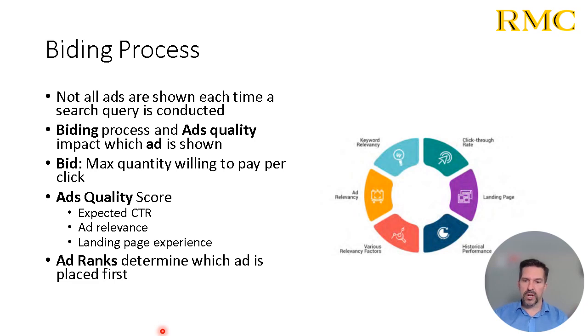So what Google is going to do is, using all the data that they have on the user and on the content of the ad and the landing page, they are going to run a model that predicts how likely somebody is to click on that ad, right? And based on that score, they're going to assign an ad quality rating to your ad, okay?